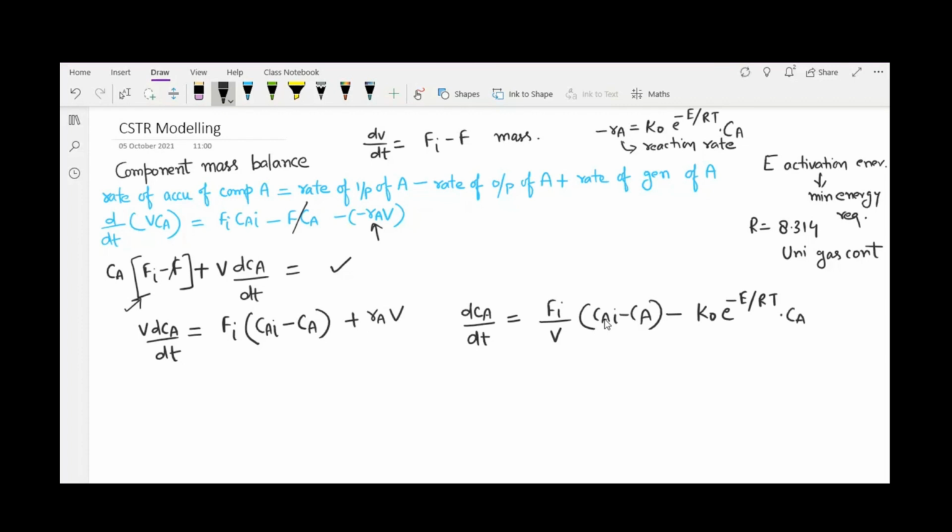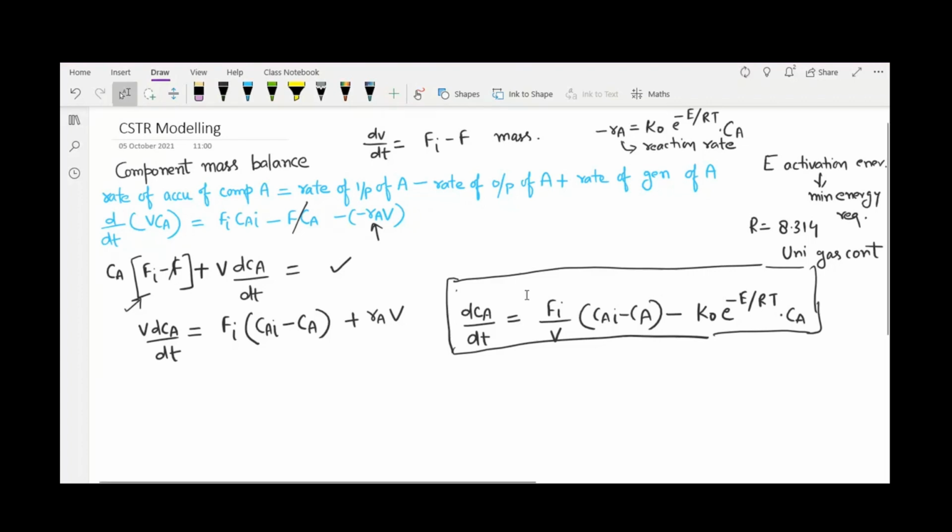So this will be the component mass balance equation for CSTR. So the first one was the mass balance equation. The second is the component mass balance equation.